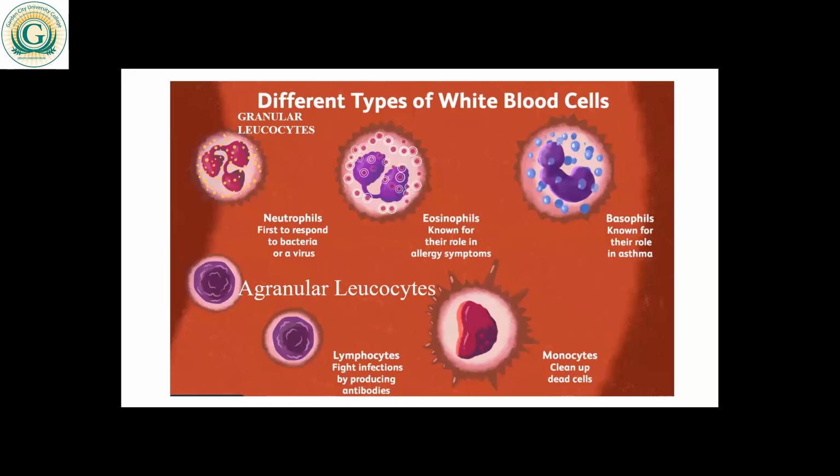Okay, madam, please, from the slide, we have two types of white blood cells, which are the granular leukocytes and then the agranular leukocytes. And then under the granular leukocytes, we have the neutrophils, which fight against bacteria and viruses.